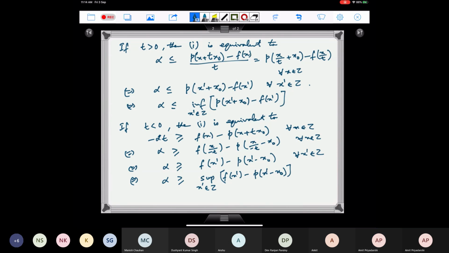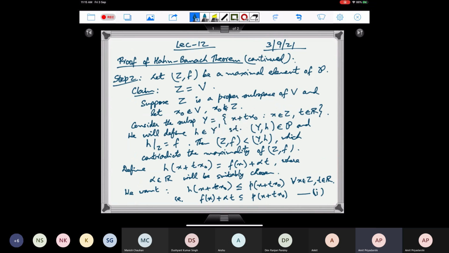So what we want is that if we can choose alpha to be between these two numbers, then my 1 will be satisfied for all t. Of course, t equal to 0 is simply saying that f of x is less than or equal to p of x, which is true.